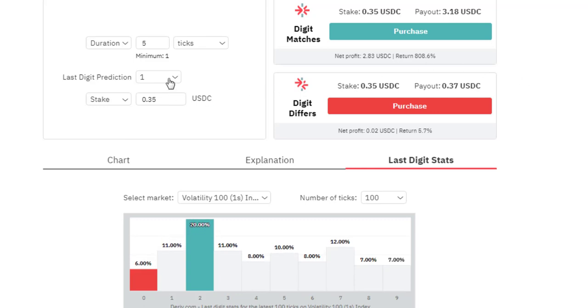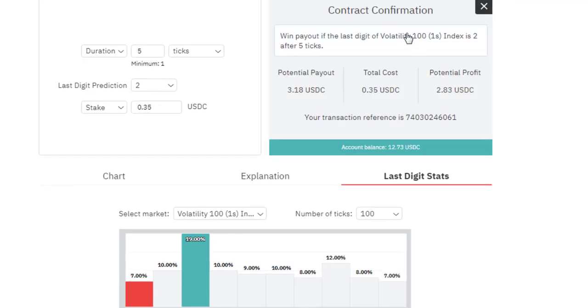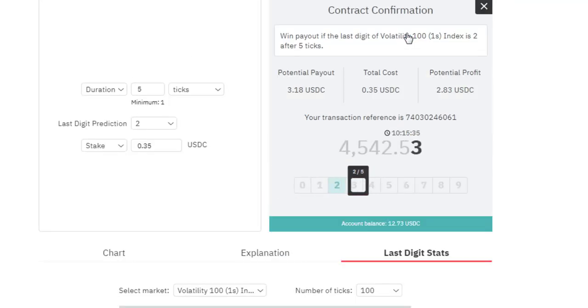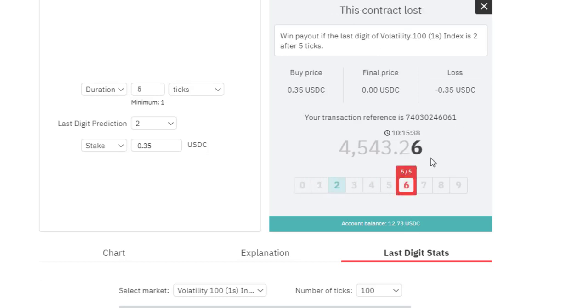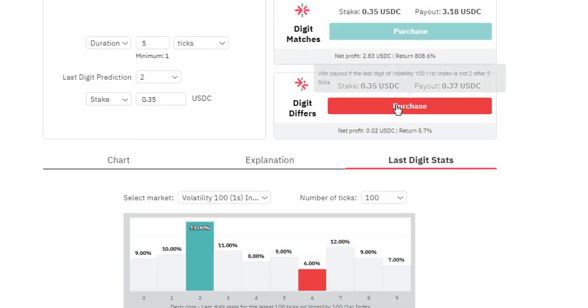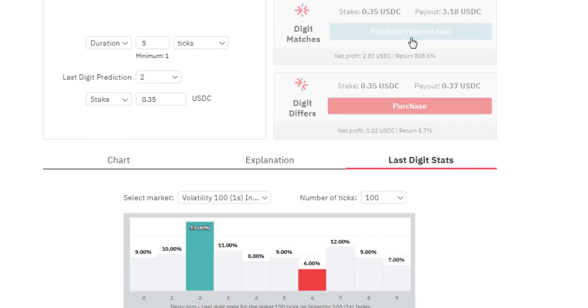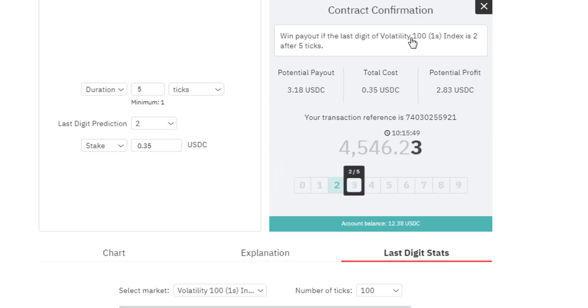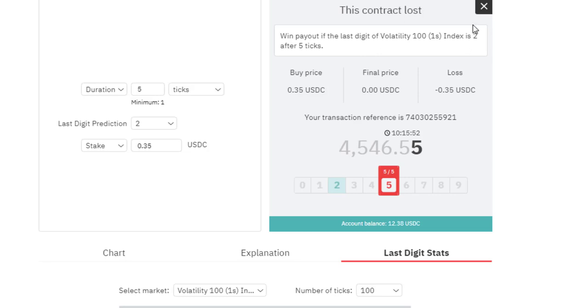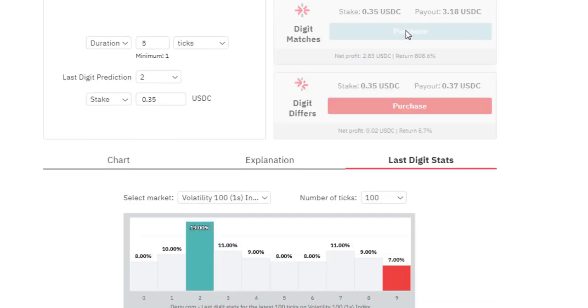So now I'm changing the stake to 2, the last digit to 2, and then I'll purchase again. So that's a loss again. So that's the second time now. I'll purchase it again. So that's the third time. I'll make a purchase again.